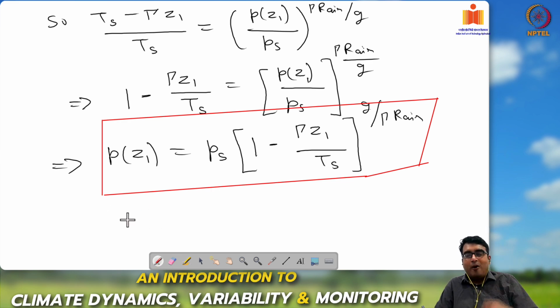So we can compare this expression with the expression where we kept the temperature as the mass averaged mean temperature and plotted the pressure profile that way. Okay.